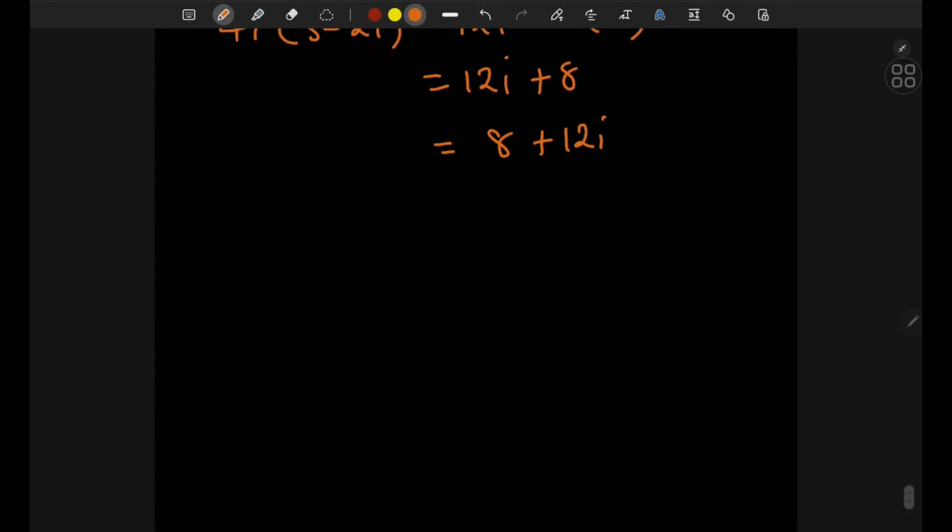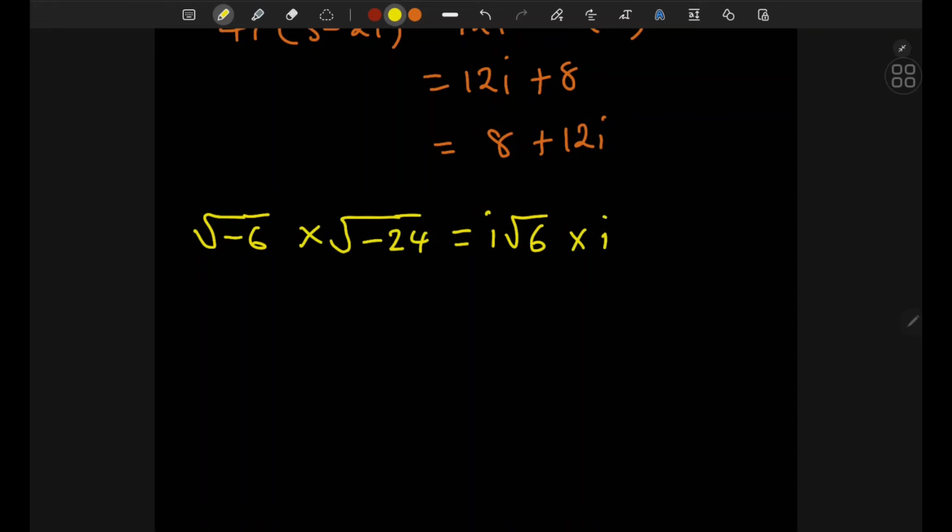But now let's say we have this kind of an expression. Let's say we have square root of negative 6 multiplying with square root of negative 24, like that. How do we resolve it? So here, we'll first get rid of the negative 1 inside the square root. So that means we'll have i square root of 6 multiplying, then we'll get rid of the negative 1 here. So we'll have i with the square root of 24.